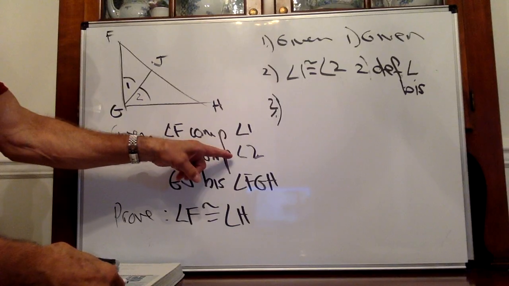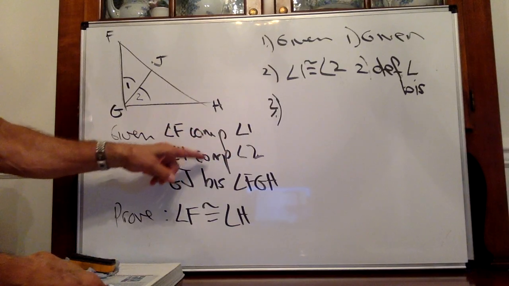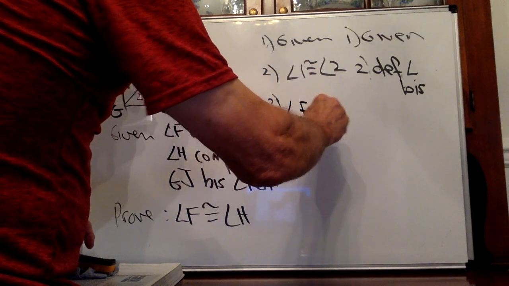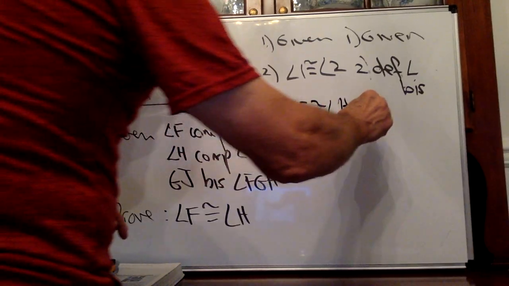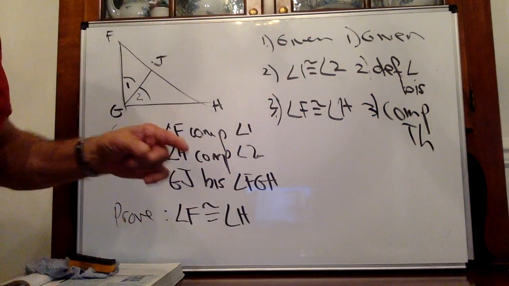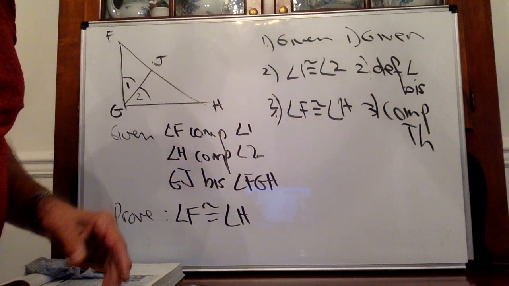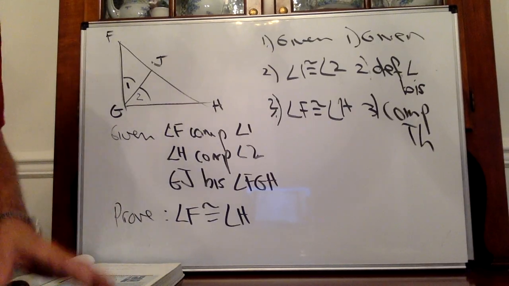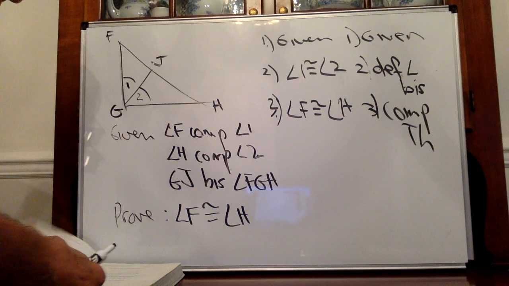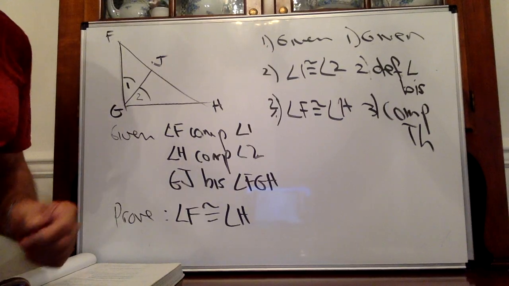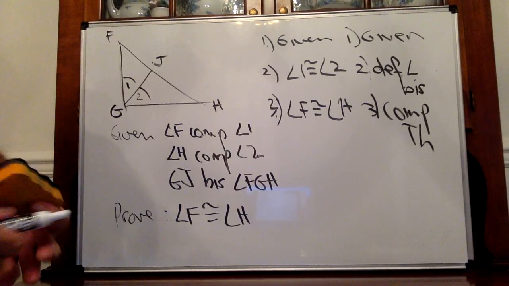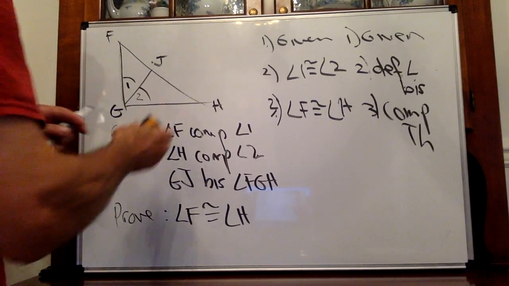Since 1 and 2 are the same, and F and H are complements of congruent angles, I can say angle F is congruent to angle H by complement theorem. Complements of the same angle or congruent angles are congruent. Supplement theorem, supplements of the same angle or congruent angles are congruent. Okay, that's how you use those. Sorry for misleading you there at first.